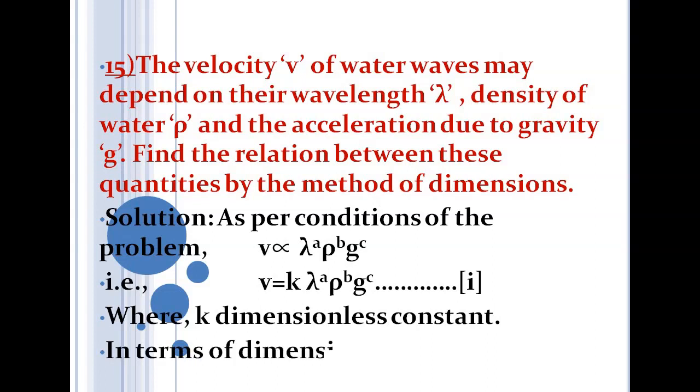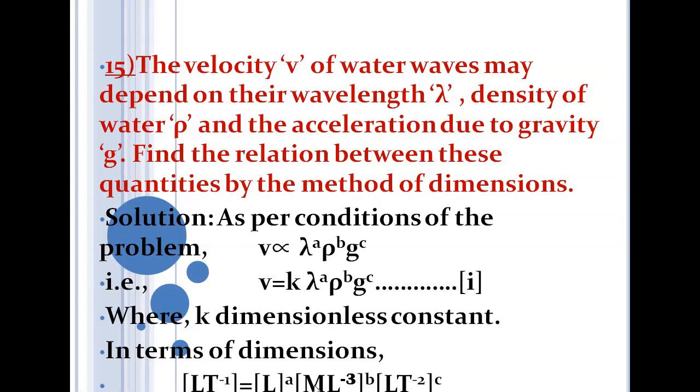Now in terms of the dimensions, rewrite the equation 1. We'll get for the velocity L T minus 1, k has no particular dimension, it is dimensionless constant. Lambda is the wavelength, dimension L. Rho is the density, M L power minus 3 power b, and L T power minus 2 c.